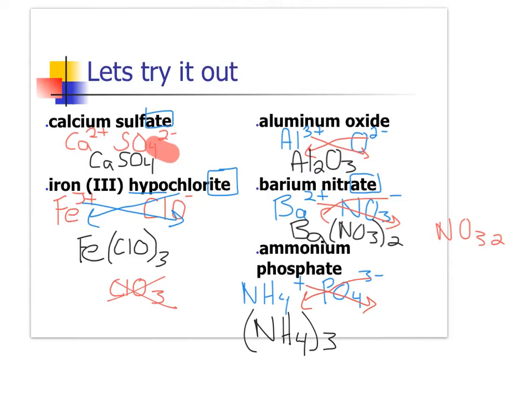And it will change a lot. It will be very difficult to balance chemical reactions if you don't know how to name these things right. And balancing chemical reactions is in Unit 4 very soon. The 1 goes to phosphate, so I don't have to write anything. I just write PO4, and I have ammonium phosphate.